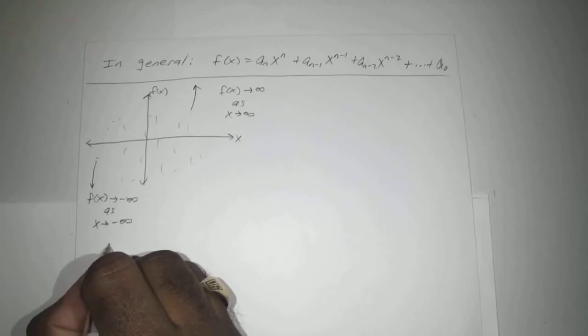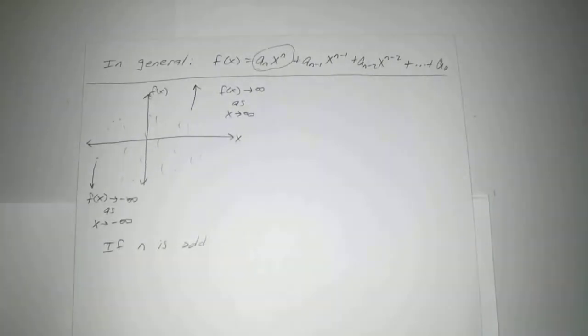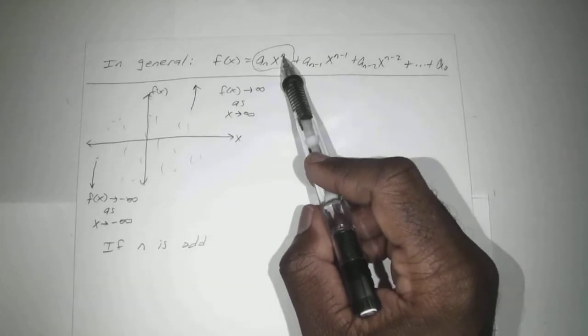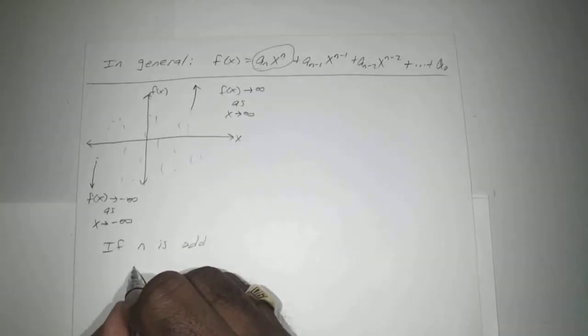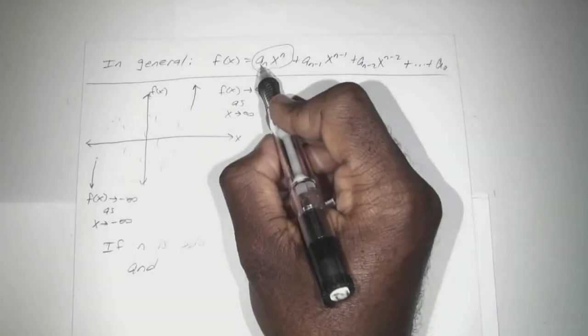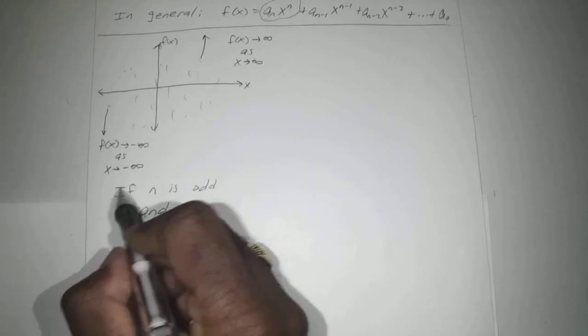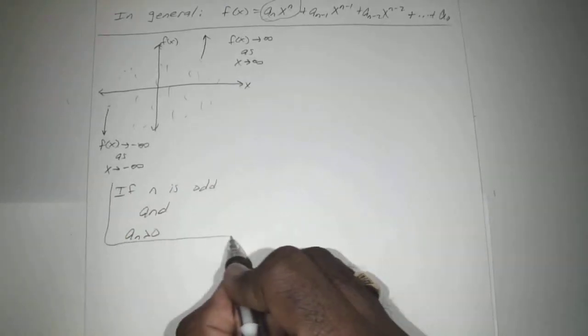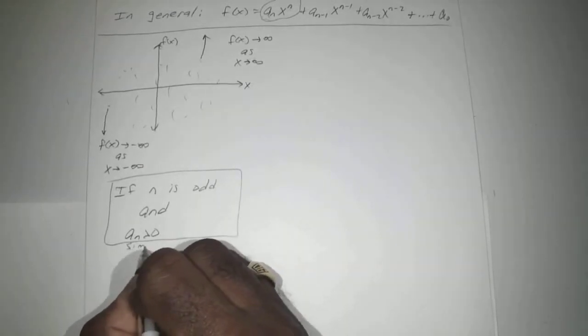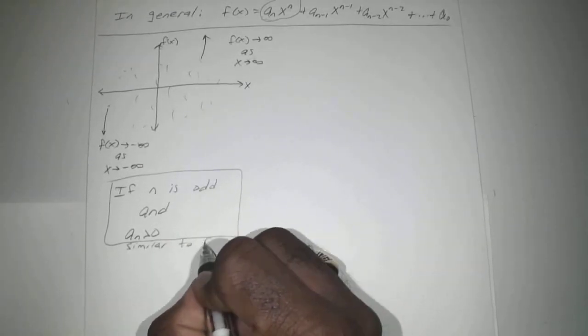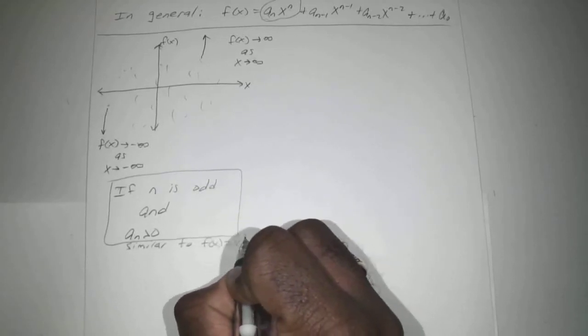Okay, so if n is odd, which means if you look at just that lead exponent, if that lead exponent is odd and the coefficient is positive, then you know that these two are going to be your endpoints, because you know this is similar to f of x equals x to the third power.